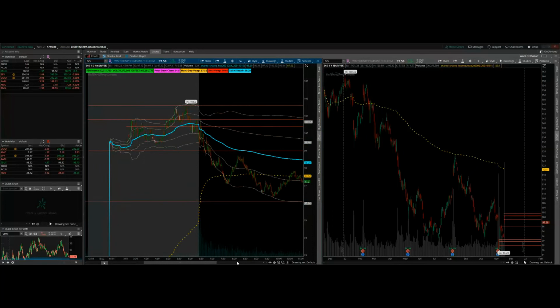So now we have our ranges. These levels will be super important for us. This top level being super important, and this bottom range being super important.